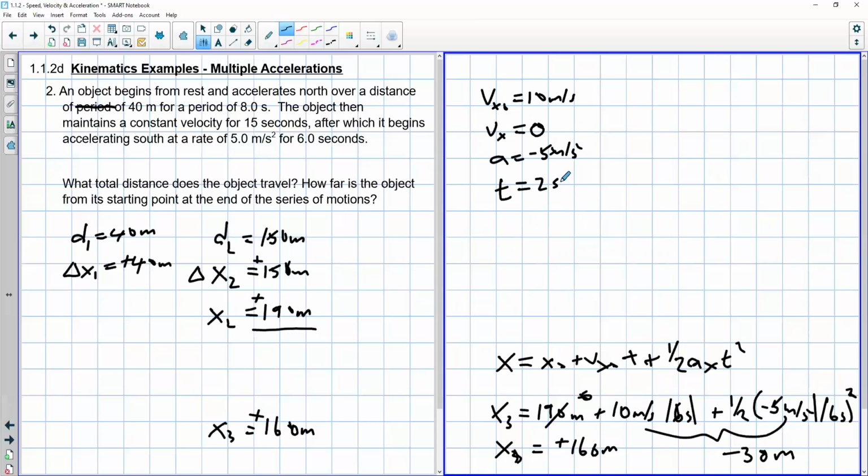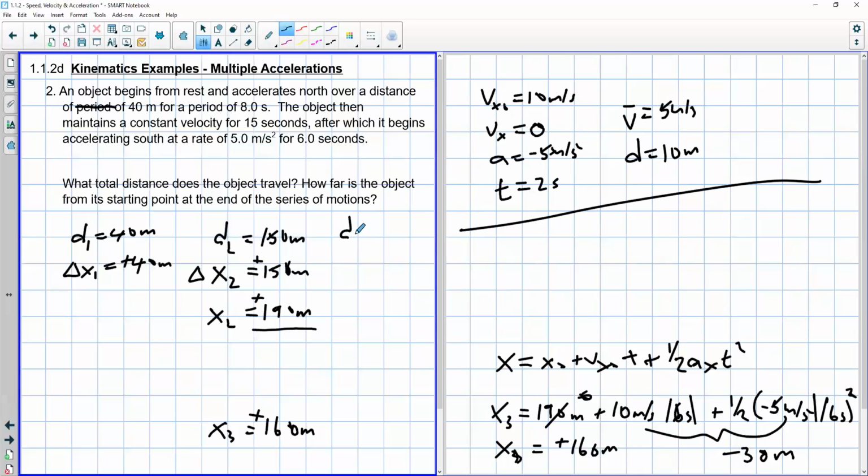So if we want to do this, we have actually a quick way to do this, because the average speed is 5 and the time is 2. So the distance traveled is 10 meters. Okay. So then, distance, let's call this distance 3A, would be 10 meters.